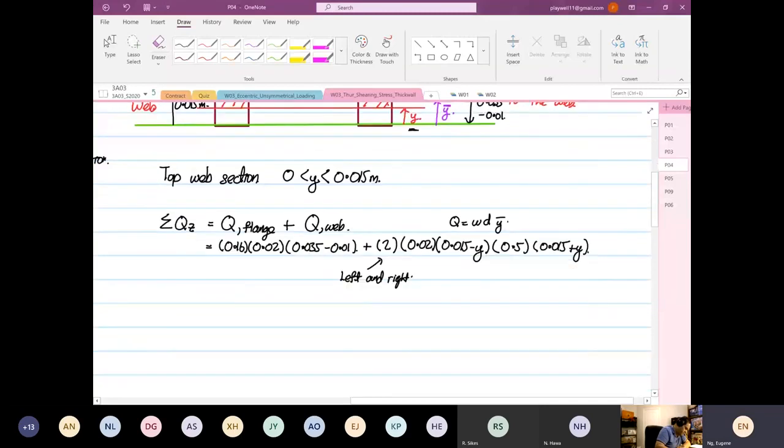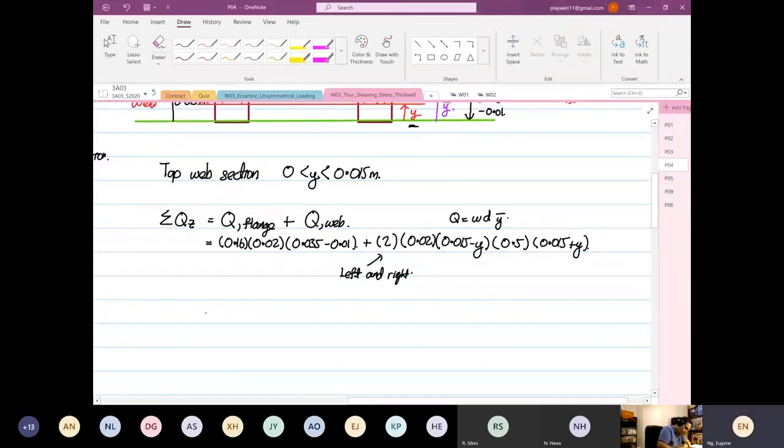So from here, this will be equal to 80 times 10 to the power minus 6 plus 4.5 times 10 to the power minus 6 minus 0.02 y squared.